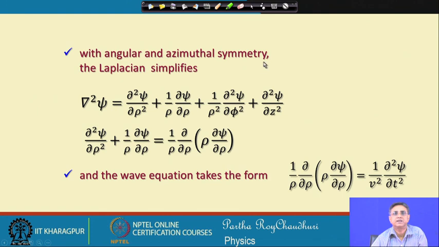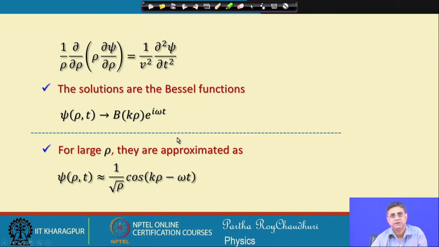With the angular and azimuthal symmetry, that is, if I assume that it is independent of the azimuth, we can write this equation only as a function of rho, and the wave equation takes the form of this, because you can remove these two terms because of the independent azimuthal symmetry.